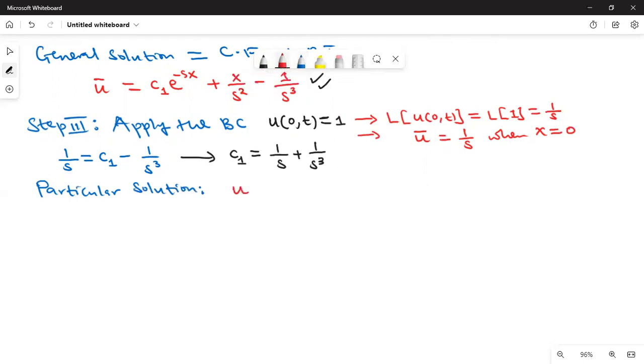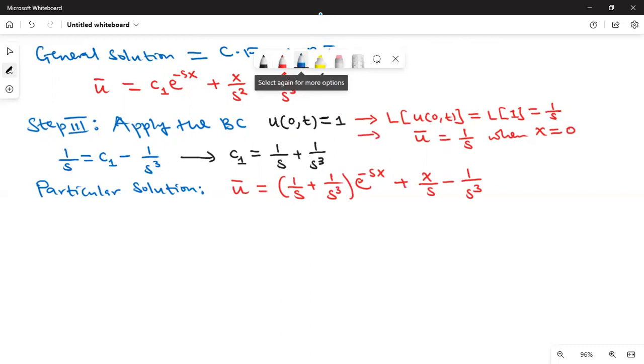U bar is equal to, now we know the value of C1, that is 1 over s plus 1 over s cubed, times exponential negative s x, then plus x over s squared minus 1 over s cubed. That's what we have. And so the last step is this one. You write step 4.